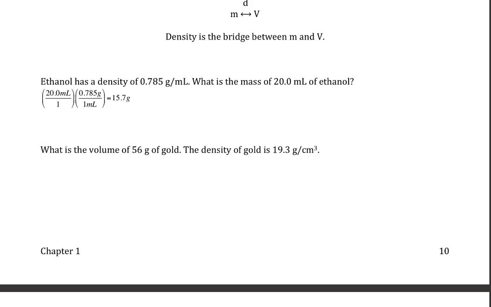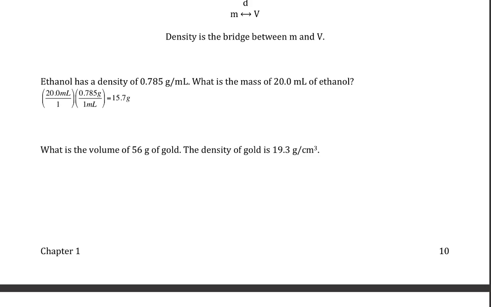So we take that initial measured quantity that we're given, 20.0 mL, and we use the density as a conversion to go from mL to grams. So we write the density such that milliliters will cancel out.